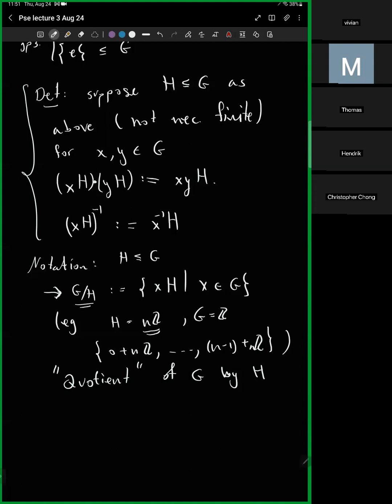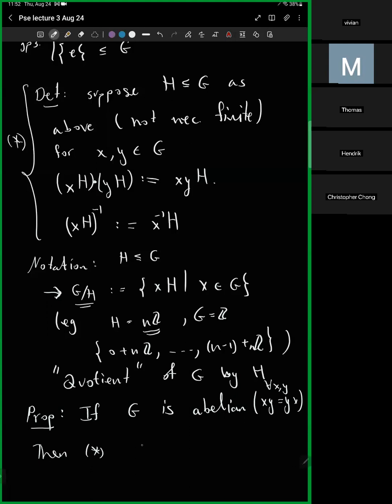It looks like this definitely, but there is an essential condition that we need to add in order for this to happen, and this is the proposition: if G is abelian, that is xy equals yx for any x, y, then the star operation induces a group structure on G mod H.